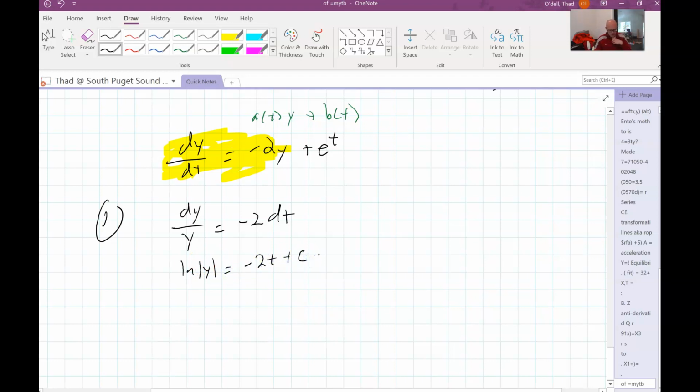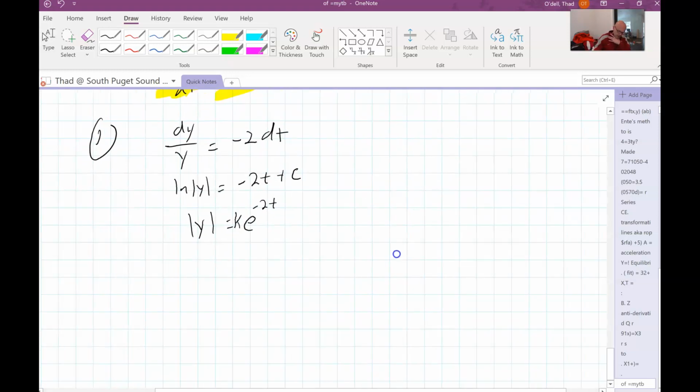Then we exponentiate both sides and we get absolute value of y is equal to e to the negative 2t times e to the c, which we could just change to a constant out front. Okay.